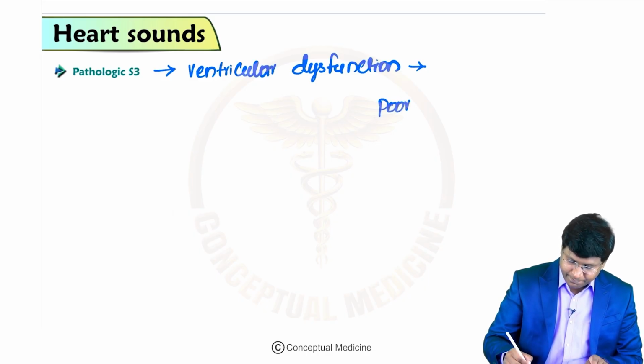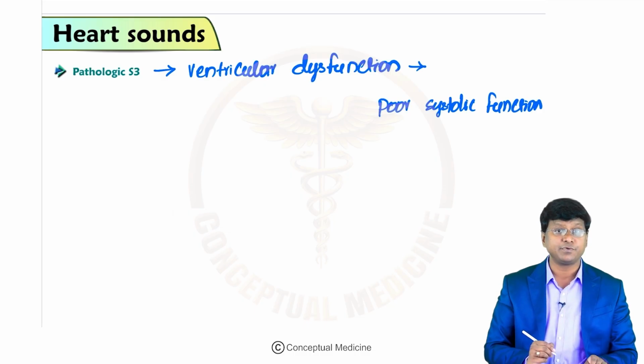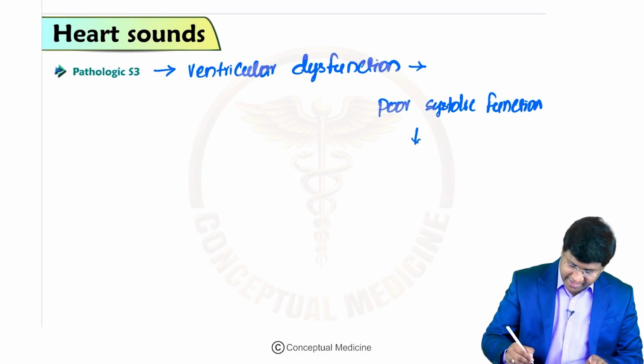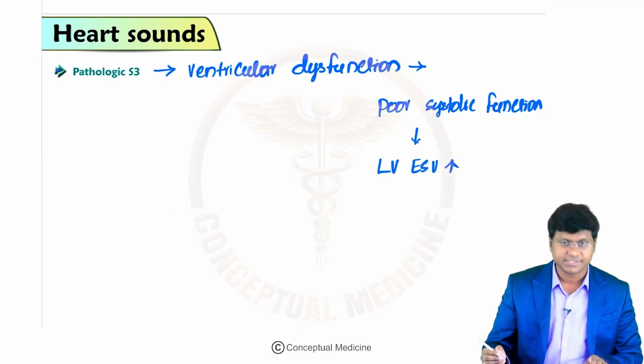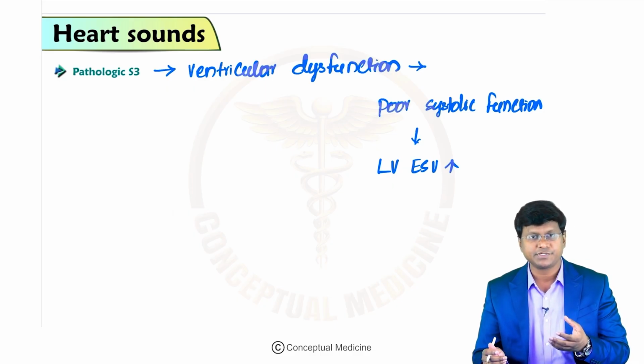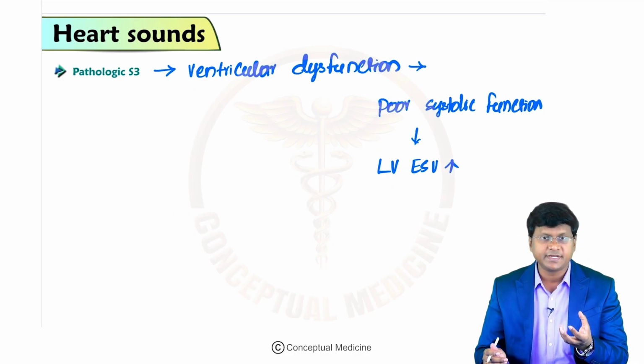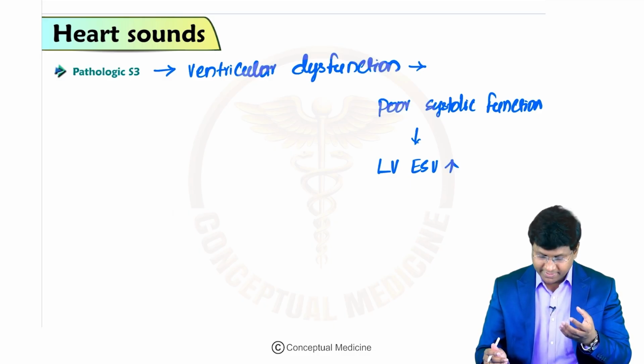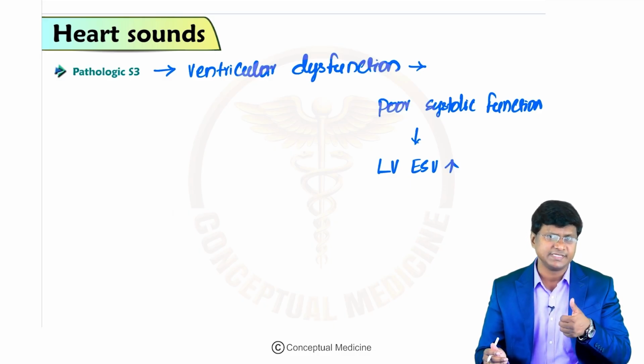There will be a poor systolic function. When there is a poor systolic function, what will happen to the LV end systolic volume? It increases, because the ventricle is unable to empty the blood into the aorta. So, LV end systolic volume increases.